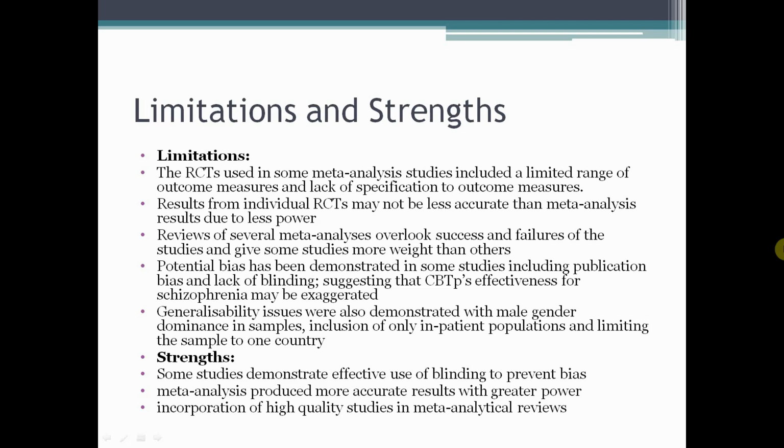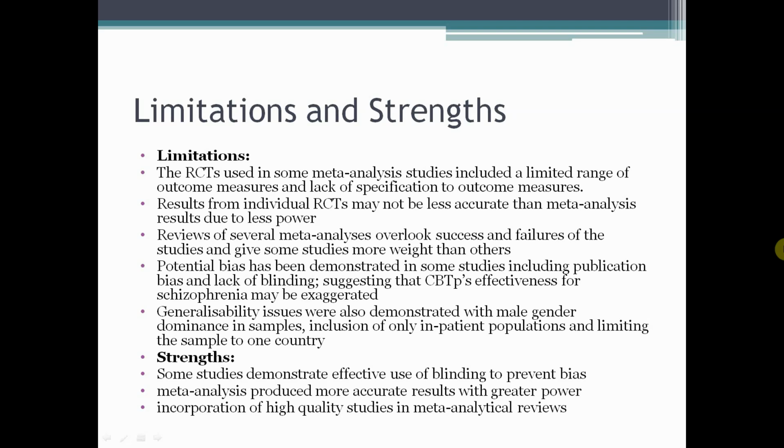Results from individual RCTs may be less accurate than meta-analysis results due to less power. Reviews of several meta-analyses may overlook success and failures of the studies and give some studies more weight than others when averaging multiple effect sizes.